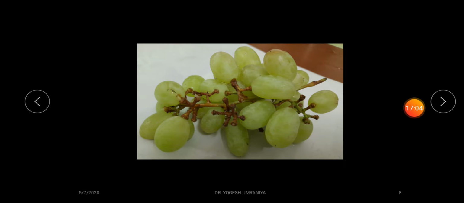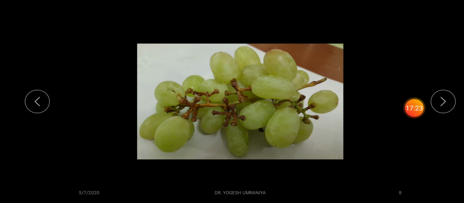In the next slide, after gathering all the knowledge of structural organization of the salivary gland, we can conclude the similarity in structure between the salivary gland and a bunch of grapes.